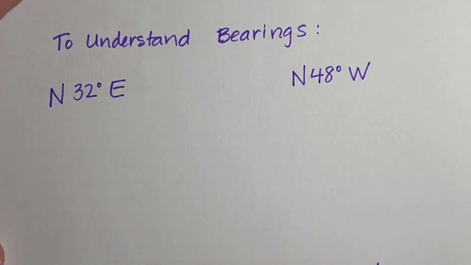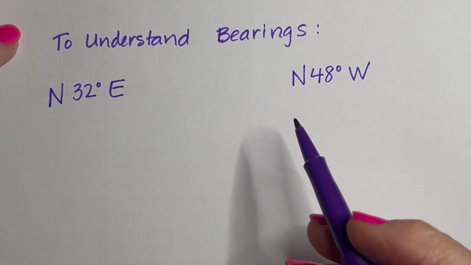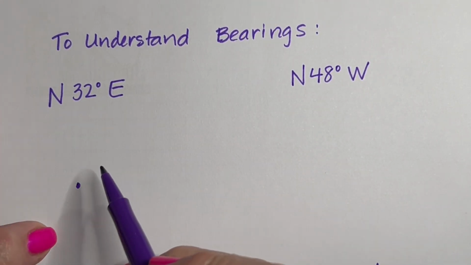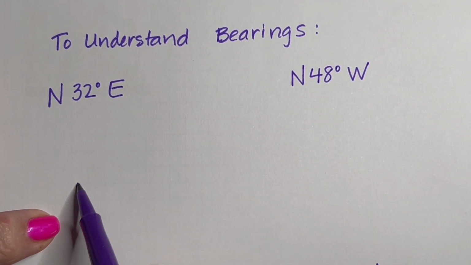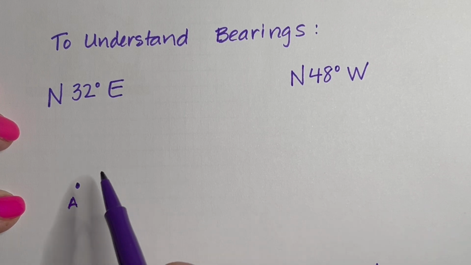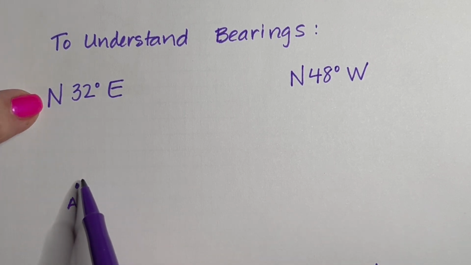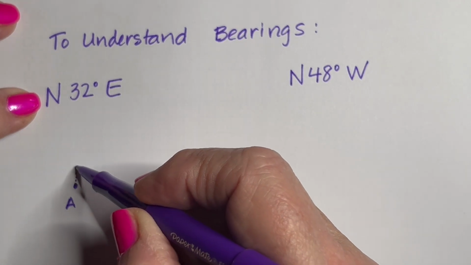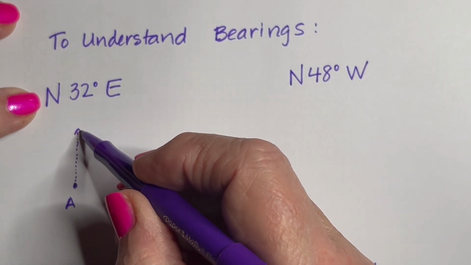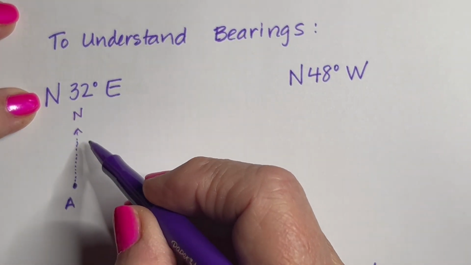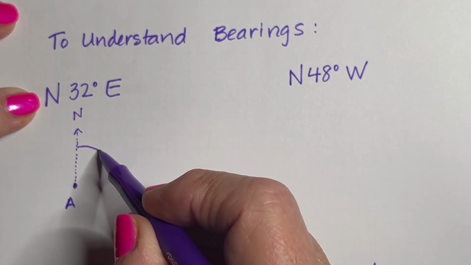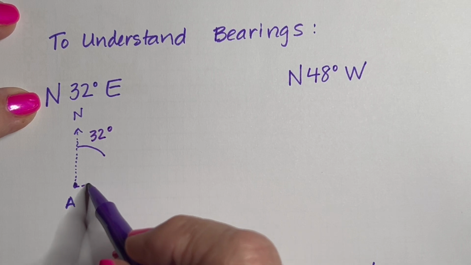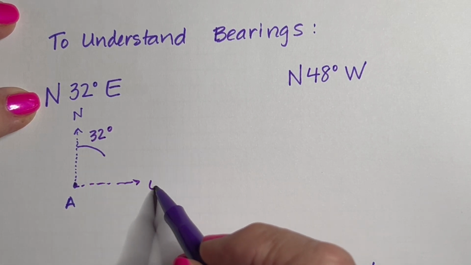This is a quick video just to explain bearings. If I were standing somewhere and I'm going to turn from this location right here, we'll call this point A, and I wanted to turn north 32 degrees east, I spy in the northern direction, which is always up, that's north, and I would turn in this direction 32 degrees towards the, as we think of a compass, east.